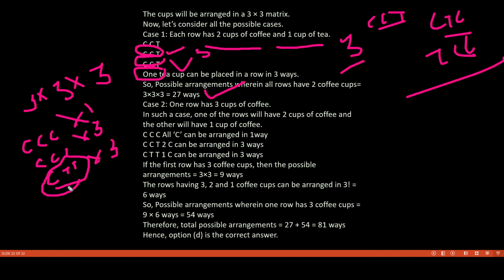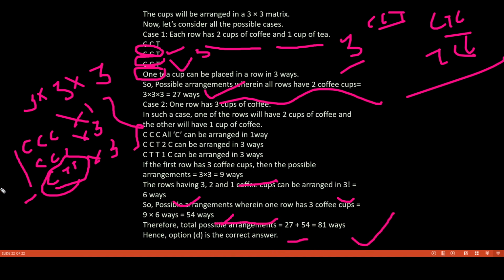Now these rows can be interchanged, and there are 3 rows. So in how many ways can these rows be interchanged and arranged? In factorial 3 ways. So already this case gives 9 ways, and now we arrange the rows too, so factorial 3 ways. So we get 54 ways. In the first case we were getting 27 ways, and here 54 ways. So 27 plus 54 is 81 ways.